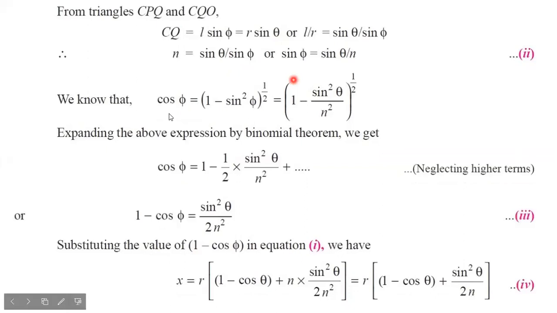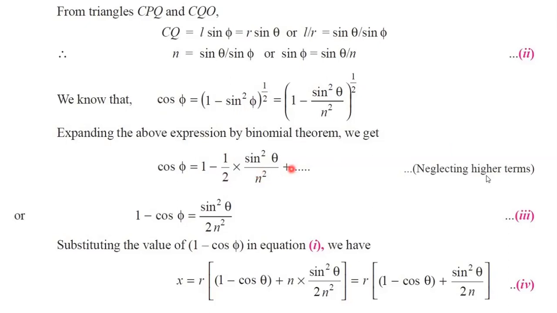Now we know that cos phi can be written as root of 1 minus sin square phi. Instead of putting root, they have put power 1 by 2. So cos phi is (1 minus sin square phi) to the power 1 by 2. Sin phi can be written as sin theta by n, so (1 minus sin square theta by n square) to the power 1 by 2. This term can be expressed by the binomial theorem, neglecting the higher terms. So 1 is written as it is, and 1 by 2 comes down: 1 by 2 into sin square theta by n square, and so on.